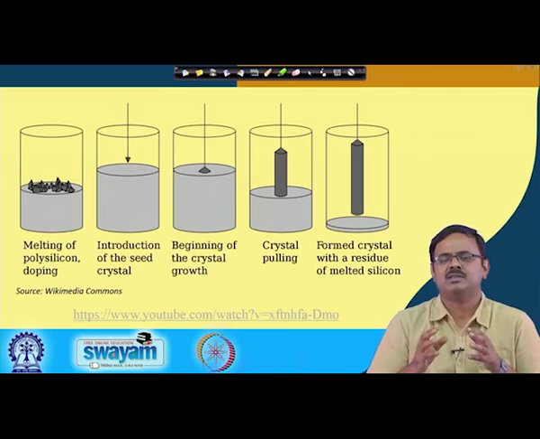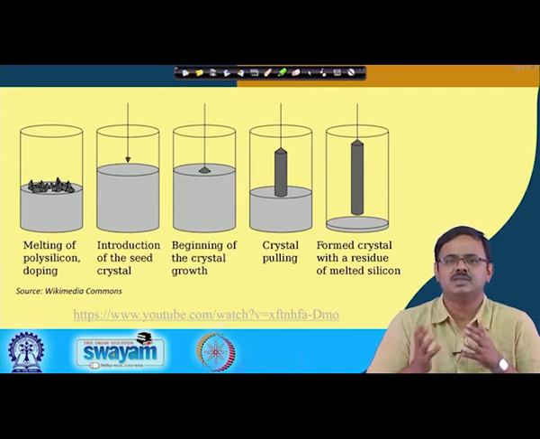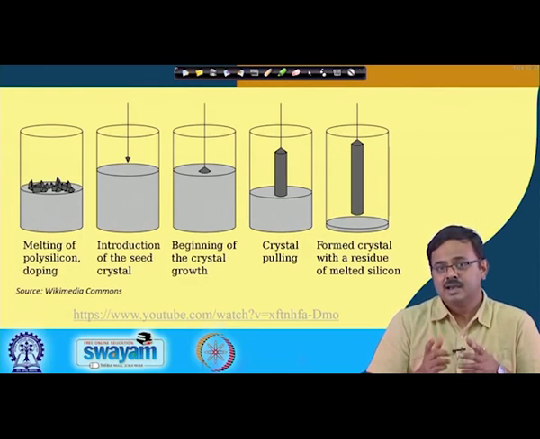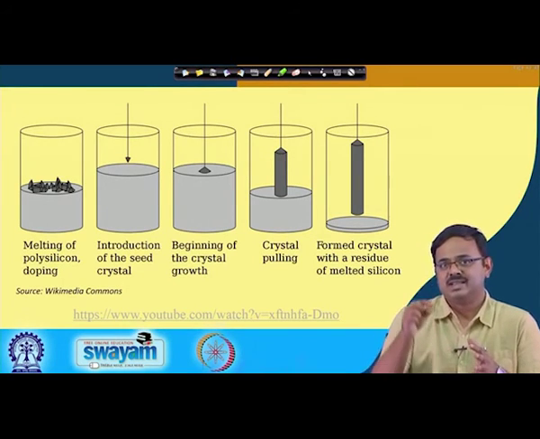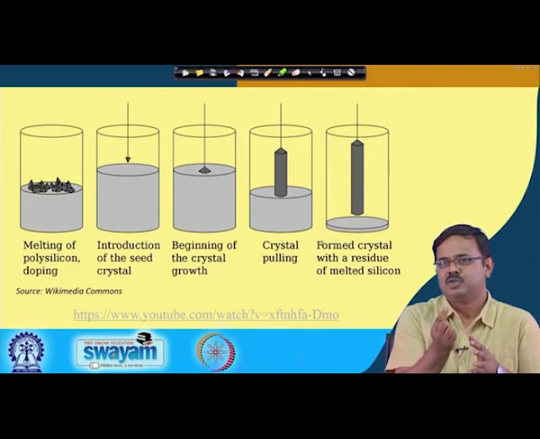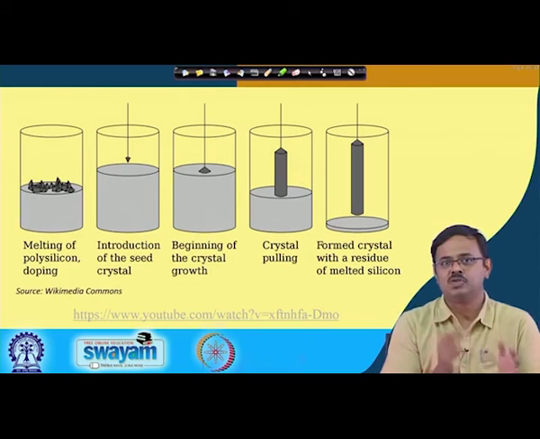Sometimes in villages, even in cities, in some fairs, you have this candy floss. The principle of operation is the same as that of the Czochralski process. There is a wooden stick with a little bit of sugary crystals at the tip, and then this whole crucible is rotated.